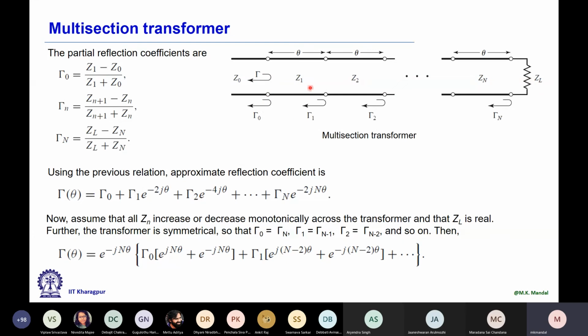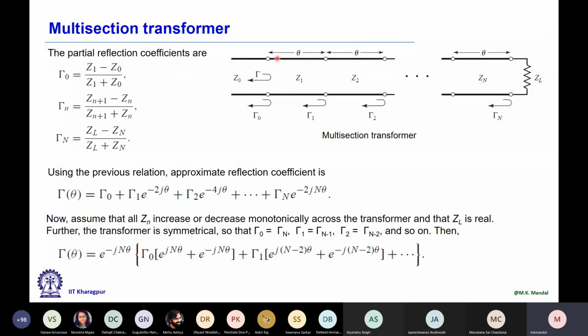The first section is Z1 with electrical length theta, the second section Z2 with electrical length theta, and so on. We have n number of sections, but they are of equal electrical length, for simplicity.